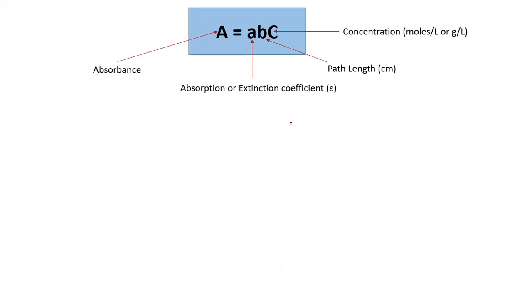Now, let us find out something quite interesting. We know something about concentration: it can be represented in terms of moles per liter or grams per liter. We know something about path length as well: it is normally represented in centimeters. Can anybody tell me what the units of absorbance are?